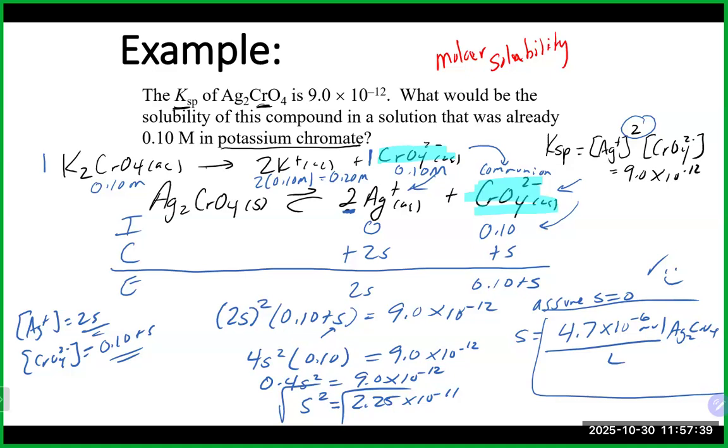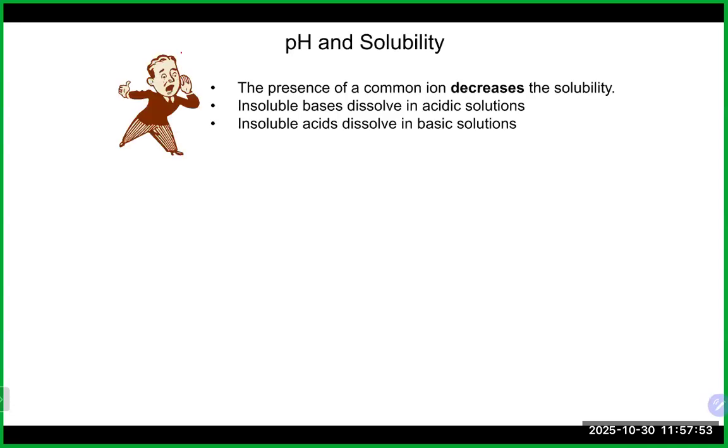So one of the things that can affect solubility is the presence of a common ion. And as we see in these couple of examples, what it does is keeps that compound together and decreases its solubility. The next thing that we're going to talk about that can affect the solubility of something is pH.